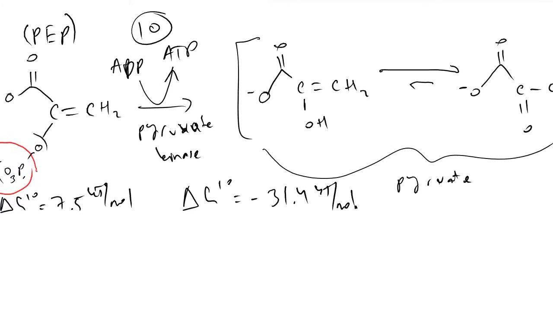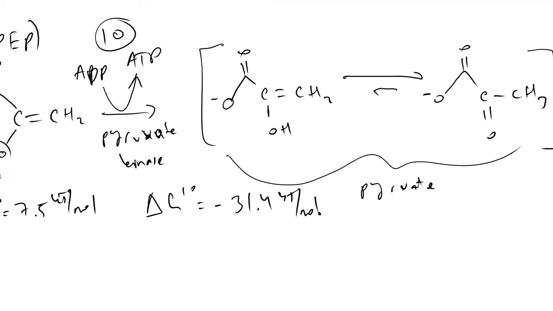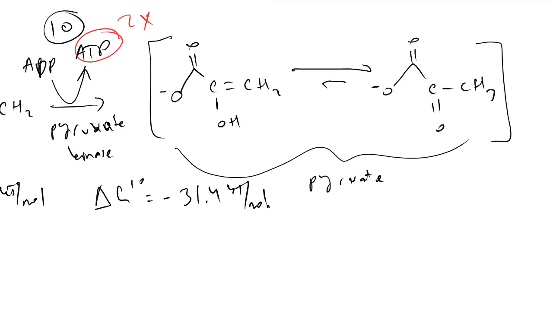Another thing to note is, because we are working with two molecules, we're working with two of these ATPs, and we also now have two pyruvates total, and our net return on investment for ATP in all of glycolysis is two net ATPs that we received back.